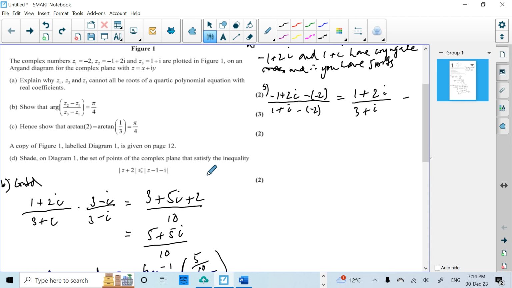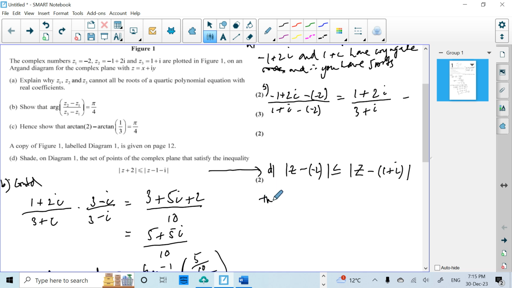Now, it's sensible here to rewrite everything in terms of Z. So we got the modulus of Z minus 2 is less than or equal to the modulus of Z minus 1 plus i, because we're just going to rewrite that minus 2 and 1 plus i. That's correct. And what does this mean?